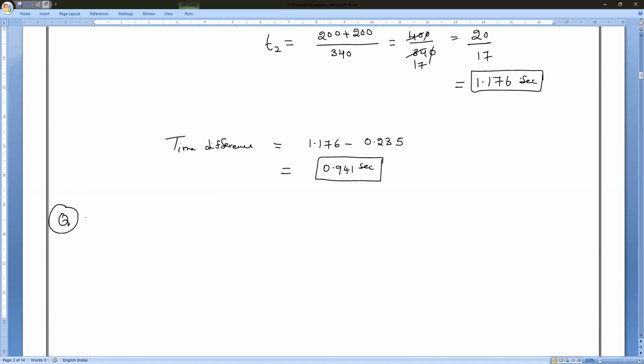Next question. If a difference of 10 seconds is observed between lightning and thunder, how far is the lightning? Take speed of sound as 340 meter per second. Learn the formulas, Mukesh.